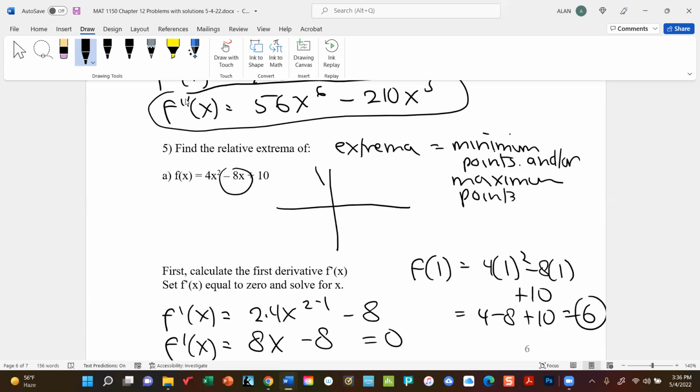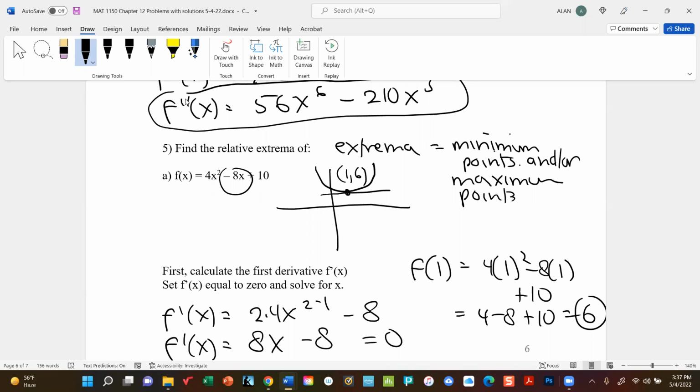Try this one more time. So that point is the minimum because the function can't go any lower than that. In other words, f of x cannot fall below 6. That's the minimum point.